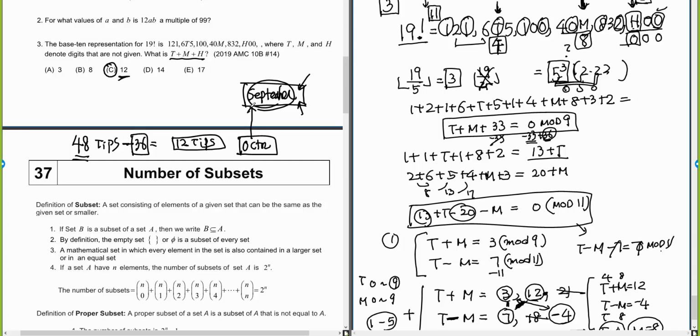You can try all of the questions one by one, from 1 to 25. But some questions are very hard to understand. Sometimes the answer keys are so long. When I take a look at Art of Problem Solving, the answer keys sometimes solve it in a very difficult way, and students don't understand.